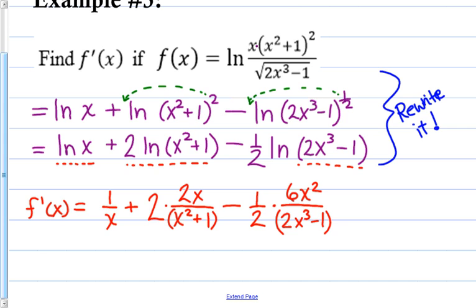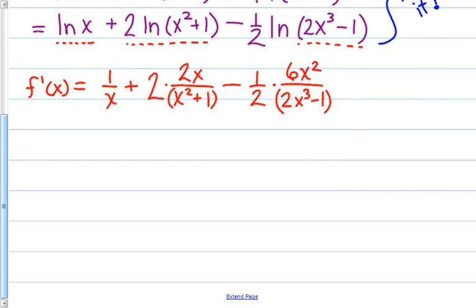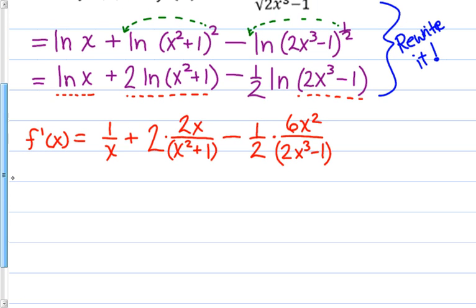The next thing I would do is simplify this. For example, the 1 over x is going to stay. The 2 times the 2x, that is totally 4x, right? Minus the 6 and the 2, the 2 cancels.